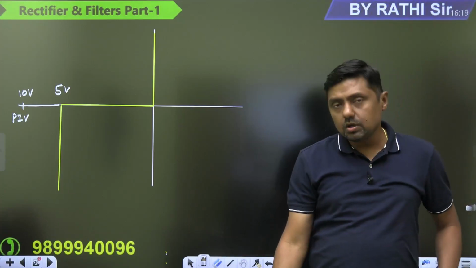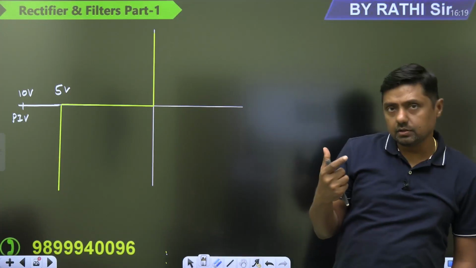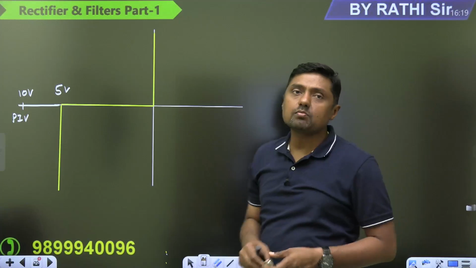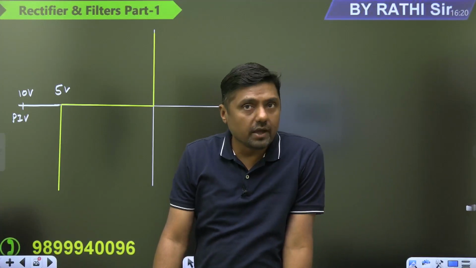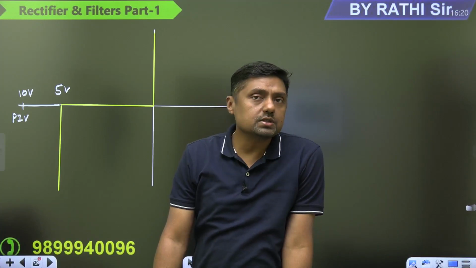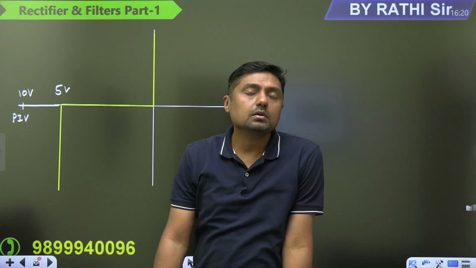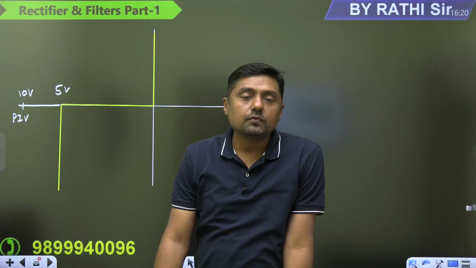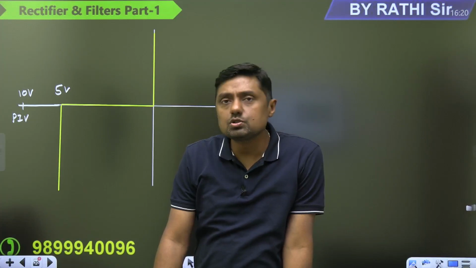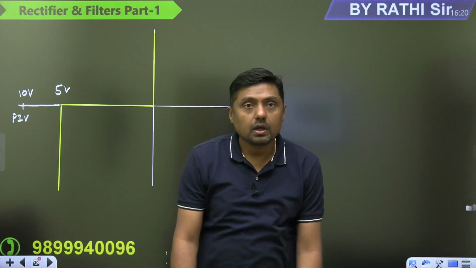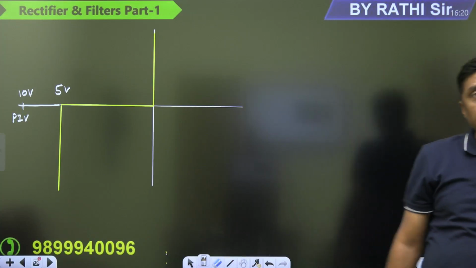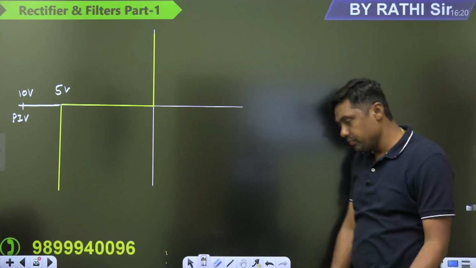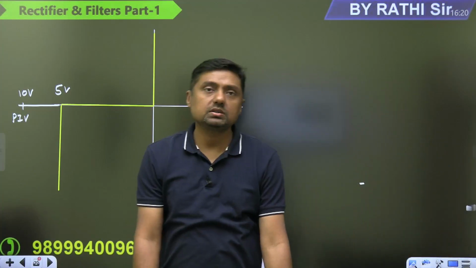So always remember, on paper we are calculating the maximum voltage appearing across the diode when the diode is reverse bias, and according to that we are selecting the diode on the basis of PIV rating. And the breakdown voltage should always be greater than or equal to the PIV, peak inverse voltage, the inverse voltage appearing across the diode.